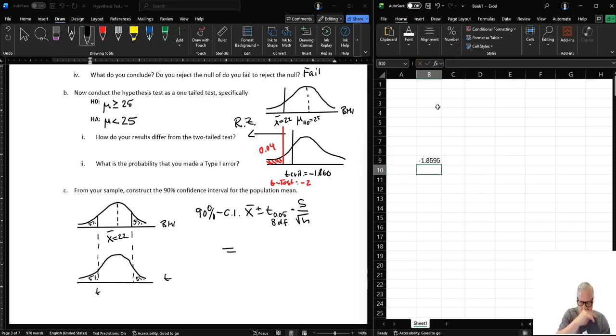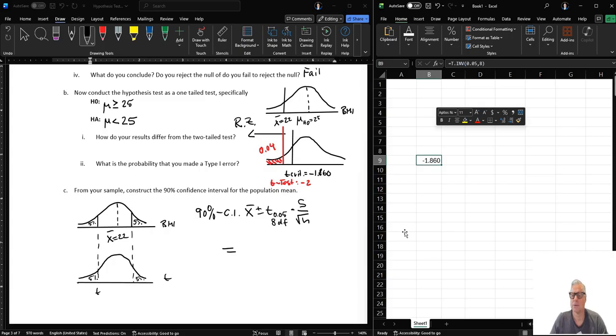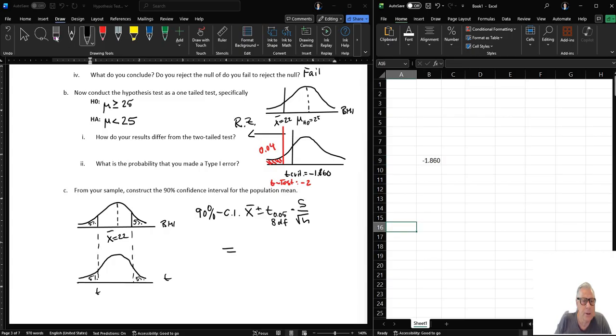So the t-score is plus minus 1.860. So that means to the left of negative 1.860 and to the right of 1.860 I have 5%.